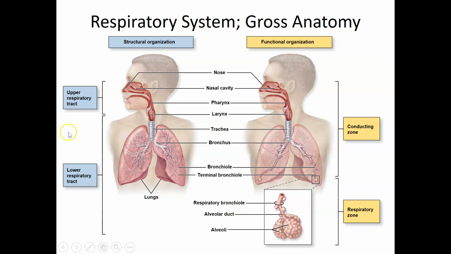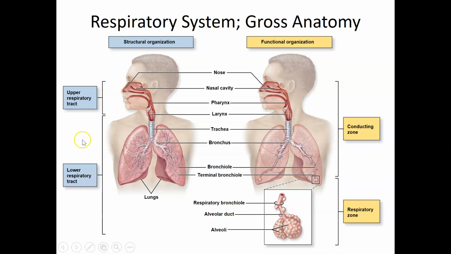As I mentioned previously, the upper respiratory tract shown here includes the nasal cavity, the sinuses surrounding the nasal cavity, and the pharynx. These structures are mostly contained in the head and the neck.